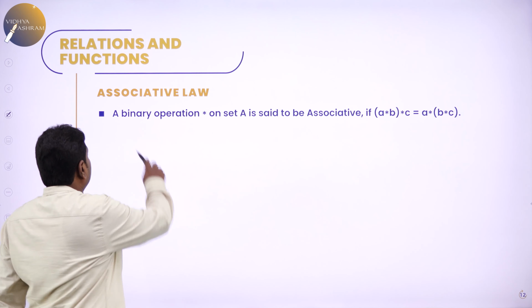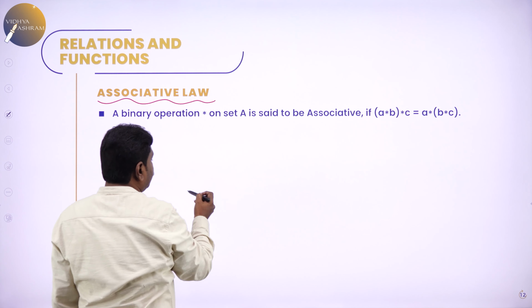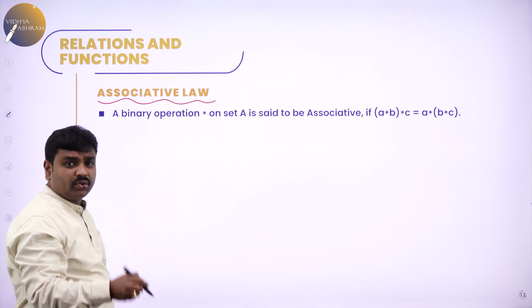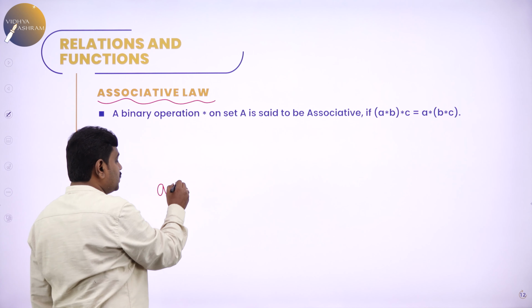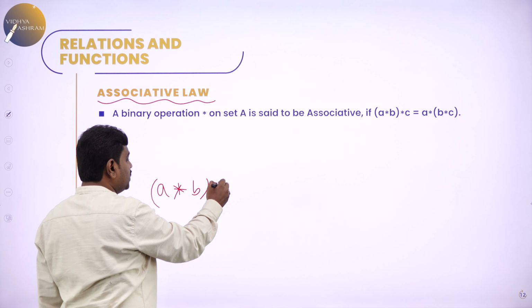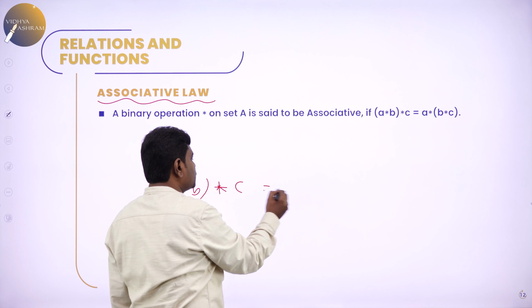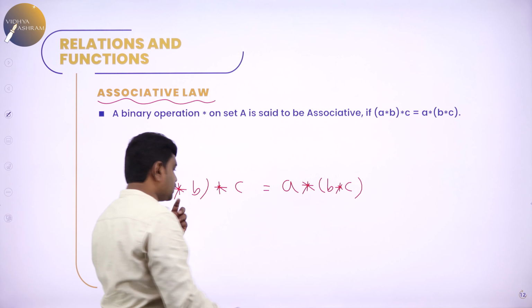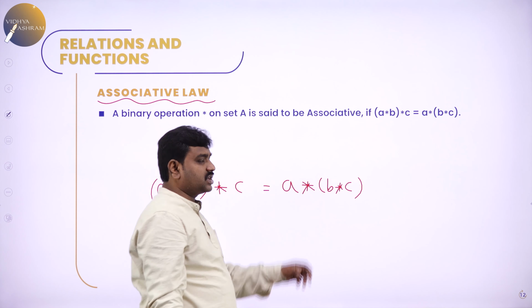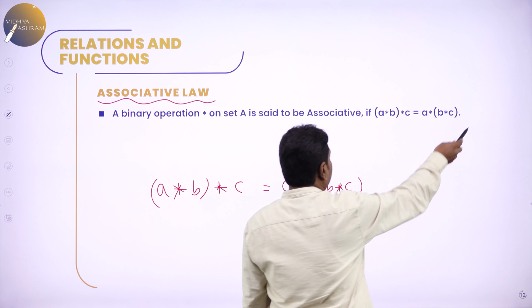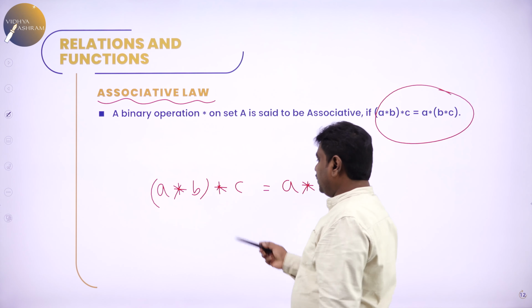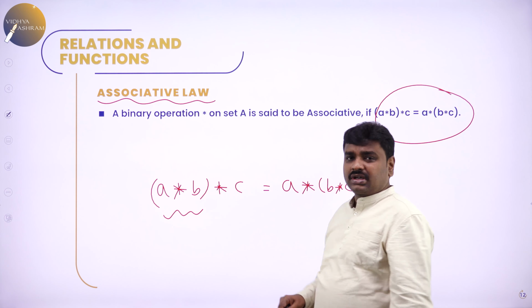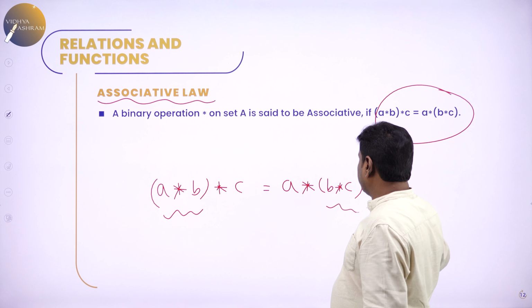Associative. What is associative? An operation star is said to be associative if, grouping A star B star C, (A star B) star C is the same as A star (B star C). Here I grouped the first two elements out of three elements. Here I grouped the last two elements.